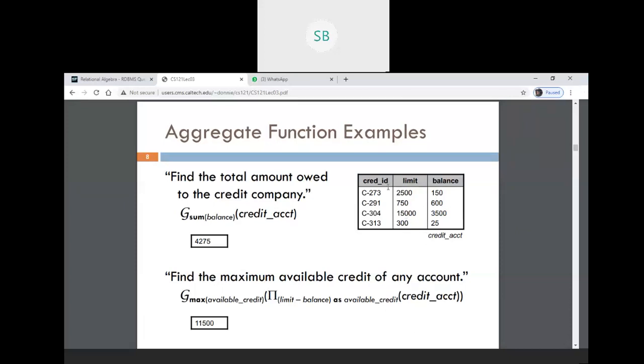As you have studied in SQL, this is the alias operator. We name it as the available balance of credit card, and then we use max of the available credit. Till this point, any confusion?